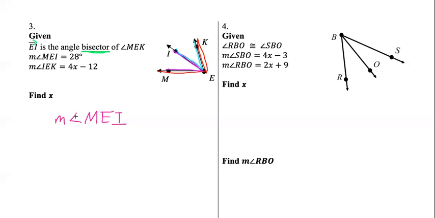Okay, so measure of angle MEI is going to equal the measure of angle IEK. So all I've done is basically say the purple one equals the blue one. I get all of that from statement 1. Does anyone have a question so far? Any questions?